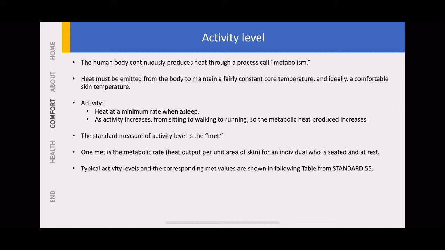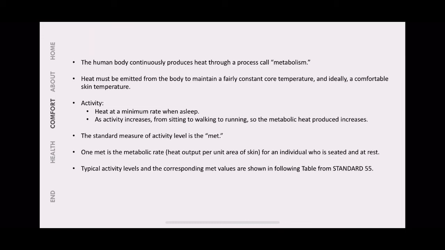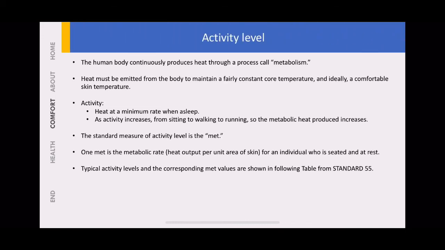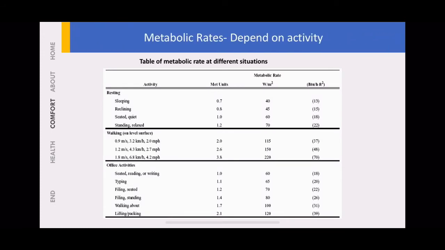Typical activity levels and corresponding MET values are shown in the following table of standard ASHRAE 55, which is this one. Okay, resting is also sleeping, reclining, seated quietly, and standing relaxed. Walking 0.9 meter per second, 1.2 meter per second, 1.8 meter per second.